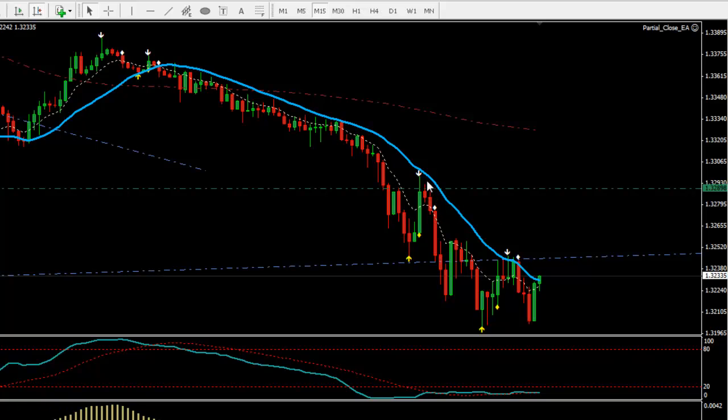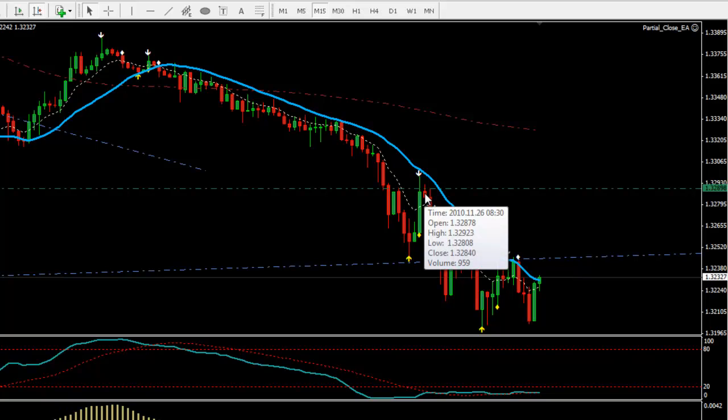We need confirmation, though. I would like to see this entire bar erased onto the downside. And so what we look for is these inside bars, one inside bar, two inside bars. This shows us that there is a slowdown in momentum to the upside. These bars mean that there's a pausing. The momentum is slowing down.